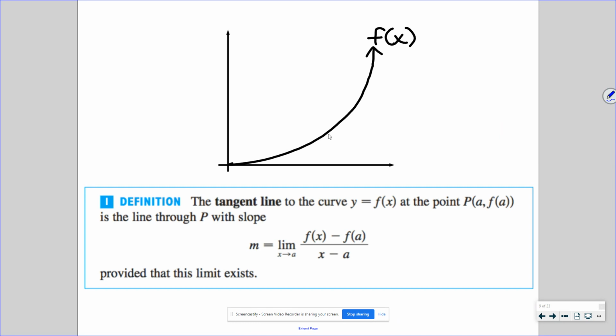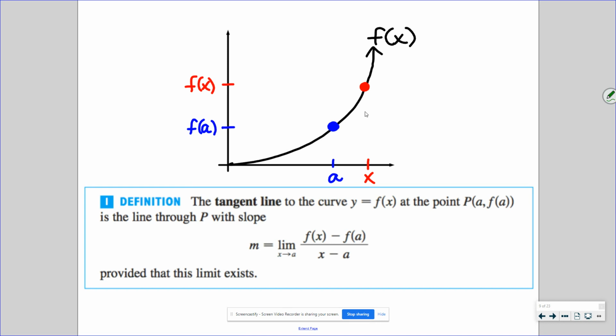Let's say we have a point right here, and we're going to call this point A. If this is the x coordinate, called A, then the y coordinate at that location would be f of A. Let's have another point up here, and we're going to call this other point x. And if this down here is x, then this y value would be called f of x.